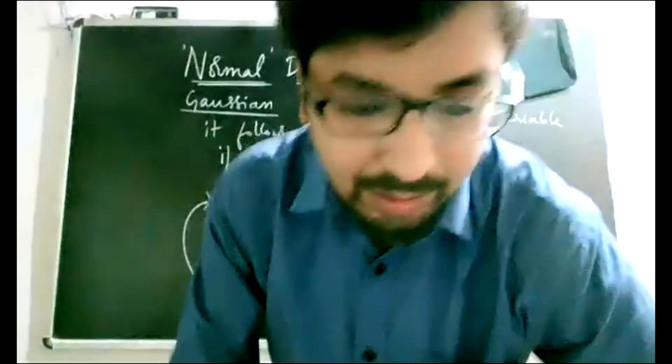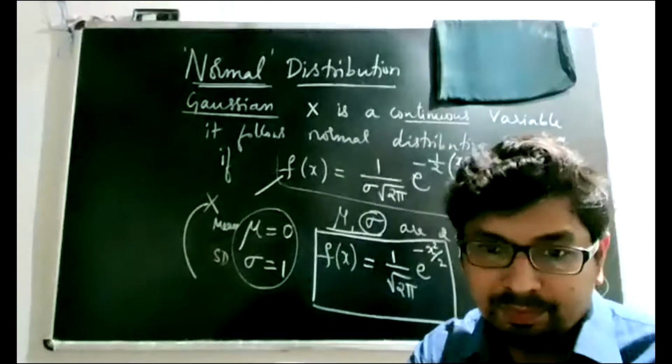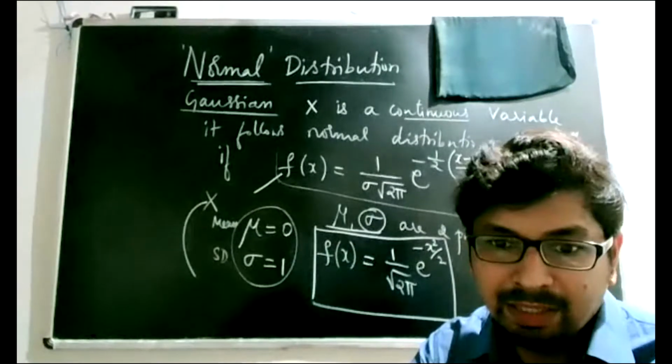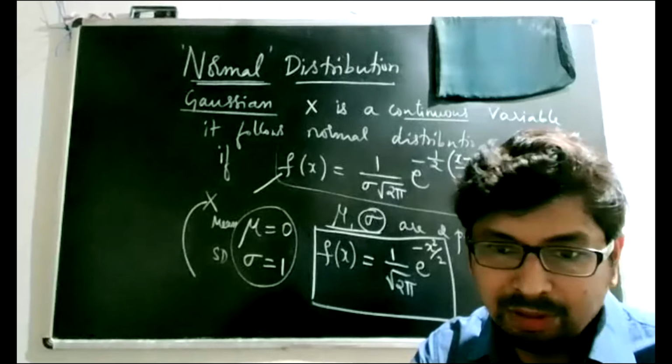Just for the sake of understanding, I'll be doing this, so you may not worry much. As said, I'll define some x values, and x takes many such possible values from minus infinity to infinity. So I'll not take all such possible values.